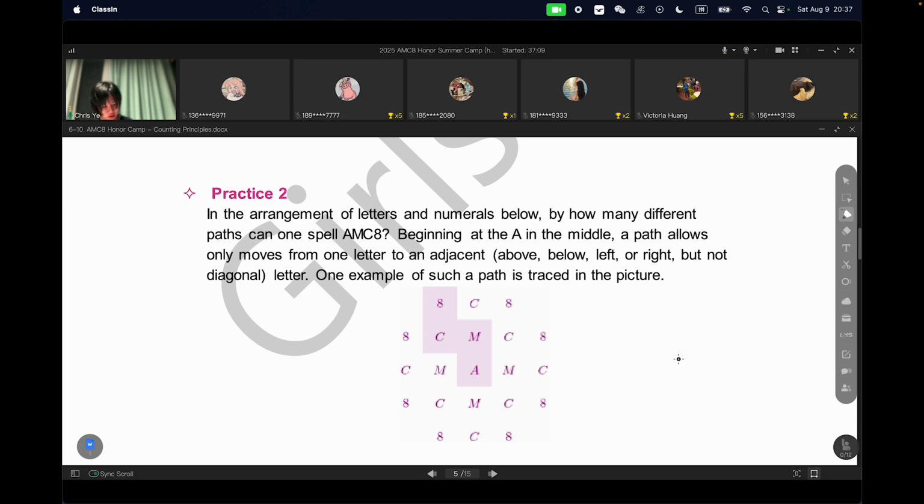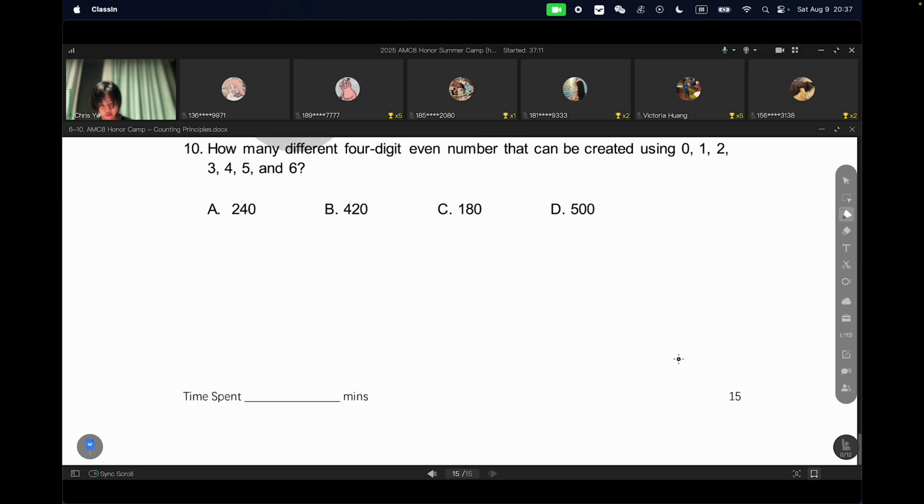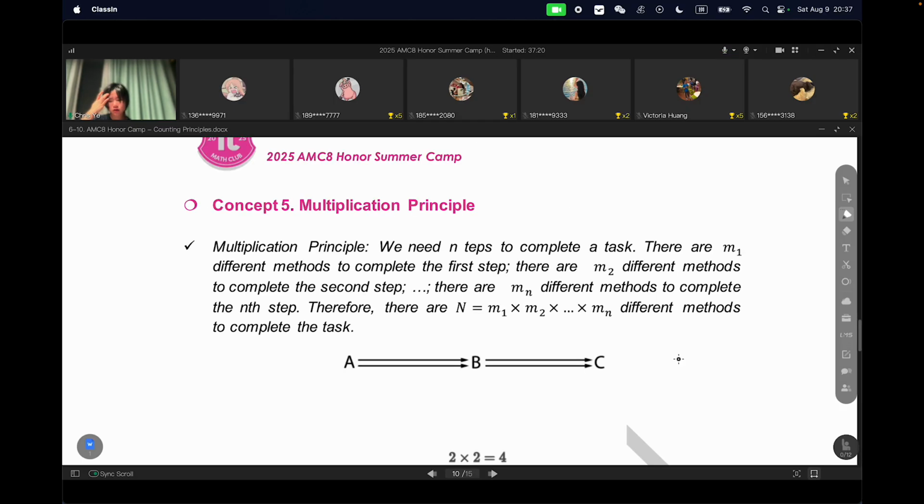So we're going to skip the third and fourth concept and move on to the last one first. It will be about the multiplication principle. So in my opinion, this is a little bit less complex than the addition principle. These usually apply to problems that ask us how many steps we need to complete a task.